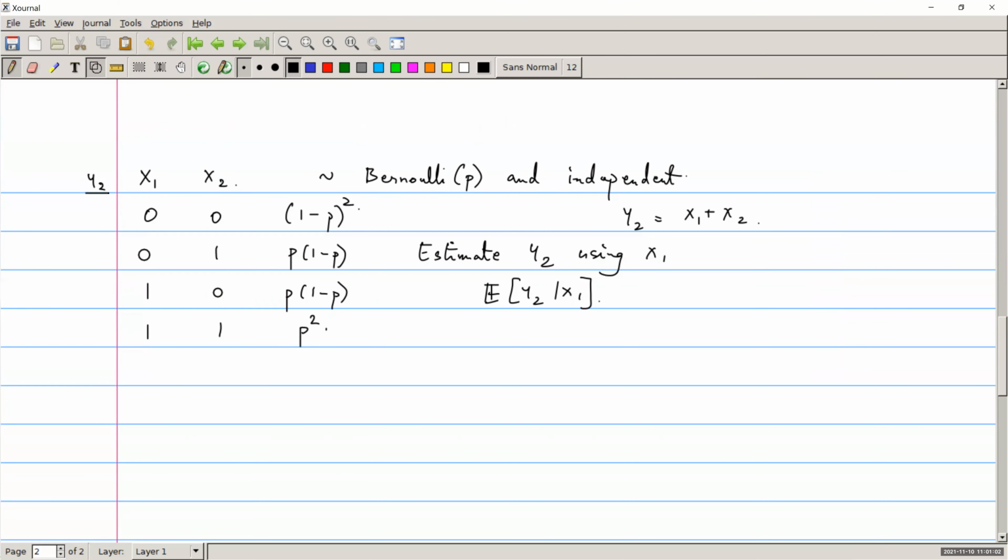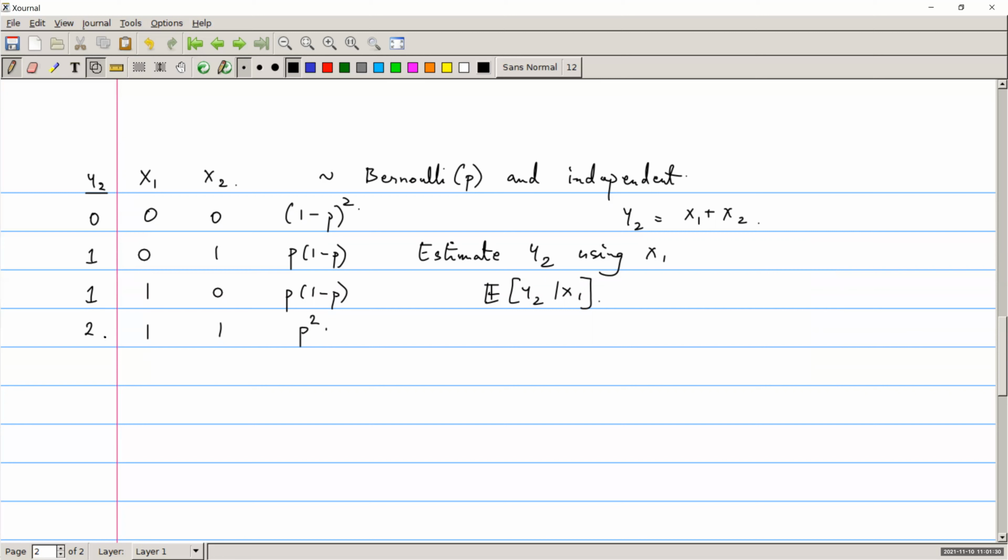There are 4 points in this universe. When both x1 and x2 are 0, what is y2? 0. Here? 1, 1 and 2.